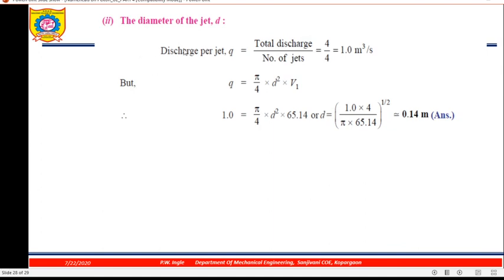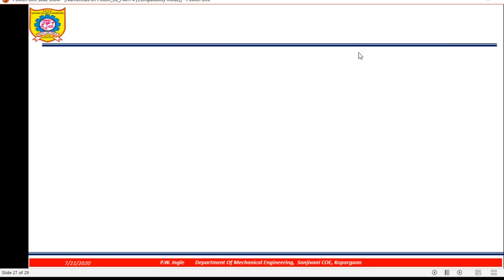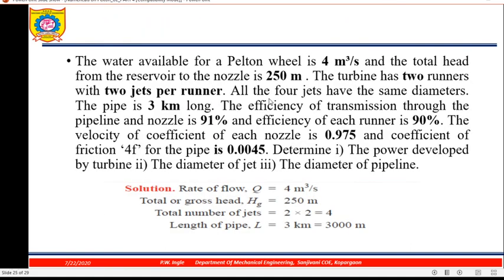Now diameter of jet. So discharge per jet. Total discharge is 4. Number of jets are 4. So that's why it is coming as 1 meter cube per second. It is given in the problem. Water available is how much? 4 meter cube per second.